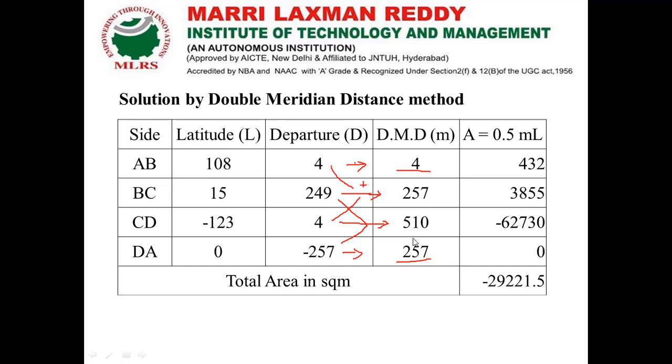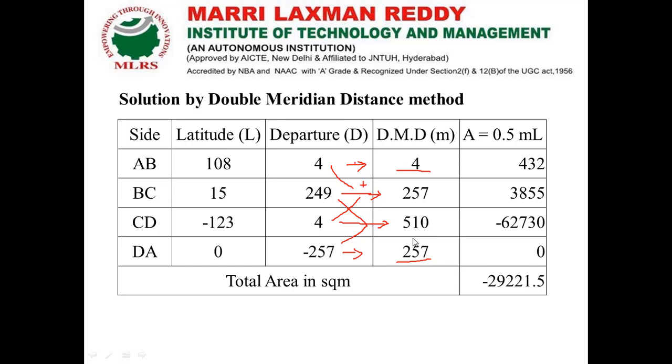Now the area is 0.5 into double meridian distance multiplied with the latitude. So finally we are getting the answer of 29,221.5 square meter.